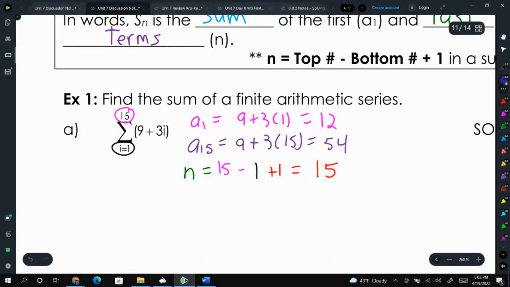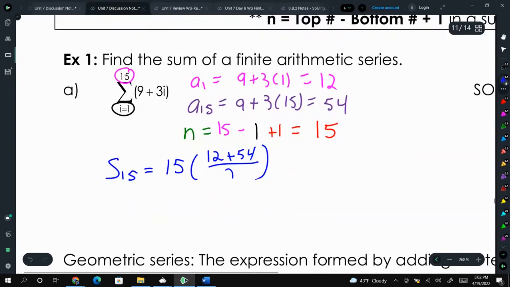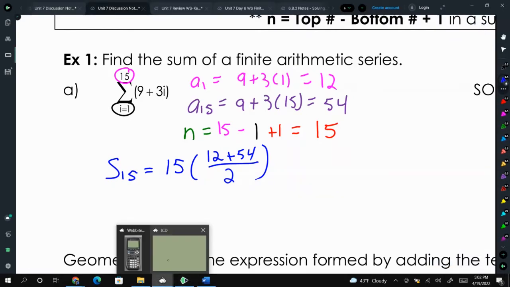So then our formula, S of 15, is going to be n, which is 15, and in parentheses, 12 plus 54 divided by 2. Now, if your calculator can't do fractions, then you will want to add 12 and 54 first.